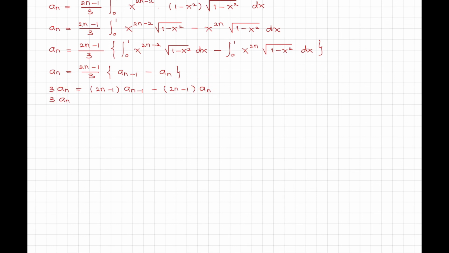I got 3a_n plus 2n minus 1 times a_n equals to 2n minus 1 times a_n minus 1. If we factorize the a_n, I got 3 plus 2n minus 1 times a_n is equals to 2n minus 1 a_n minus 1. And then the final result is 2n plus 2 a_n is equals to 2n minus 1 a_n minus 1.